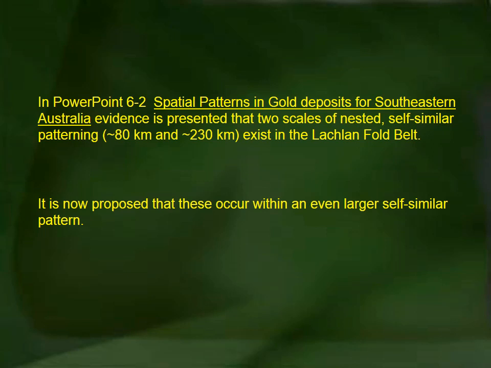In the presentation titled Spatial Patterns in Gold Deposits for Southeastern Australia, evidence was presented showing two scales of nested self-similar patterning. It is now proposed that there is an even larger self-similar pattern.